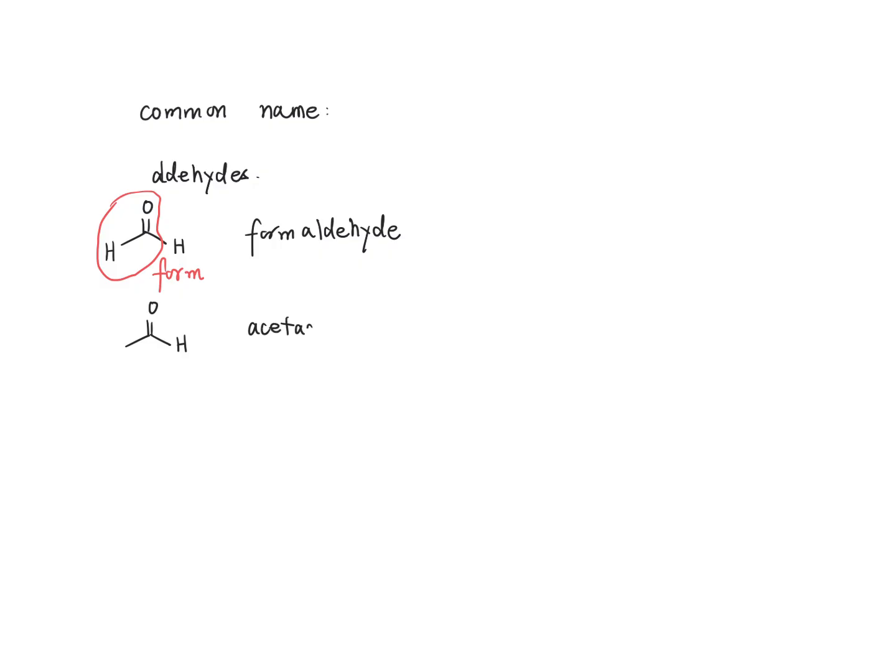For example, for the aldehyde, if both sides of this sp2 carbon have hydrogen, we call it formaldehyde. So form is this part right here. This group indicates a carbon-oxygen double bond with a hydrogen: formaldehyde. And the next one is this one right here, it's called acetaldehyde.